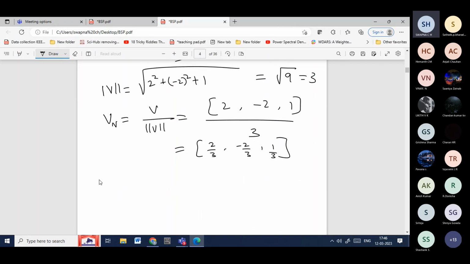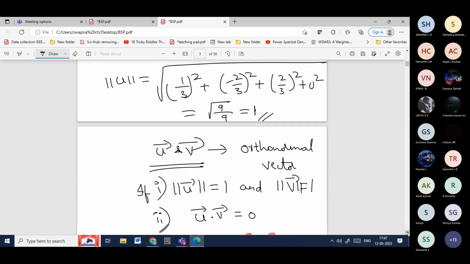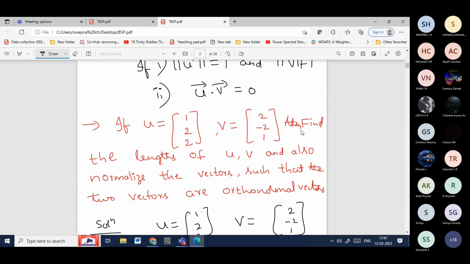Since I have normalized them, those are unit vectors. The first condition is okay now. And what about the second condition? This is the first condition: we made them unit vectors. And here what is asked? Find the lengths of u and v, and also normalize the vectors such that the two vectors are orthonormal vectors.